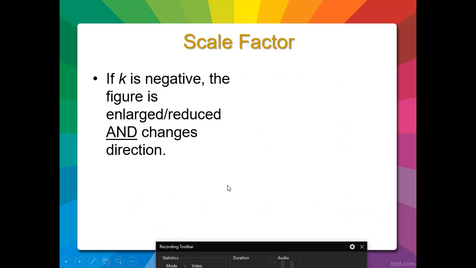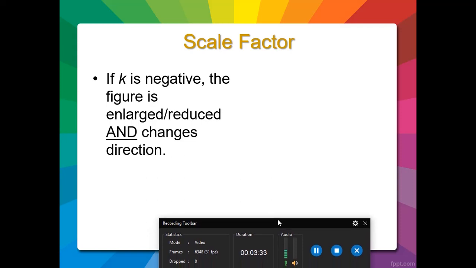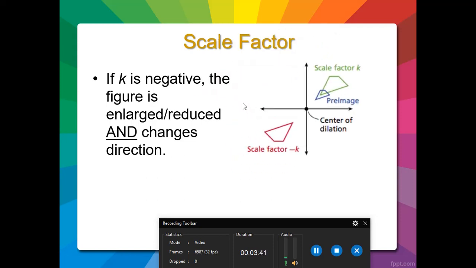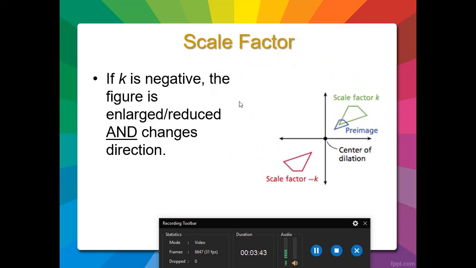It's also possible for the scale factor K to be negative. So we're still going to enlarge or reduce the figure, but the fact that the scale factor K is negative will actually change its direction. So the orientation will change. In my picture, the blue figure is my pre-image. If you dilate it by a scale factor of +3, it will enlarge and become the green figure.